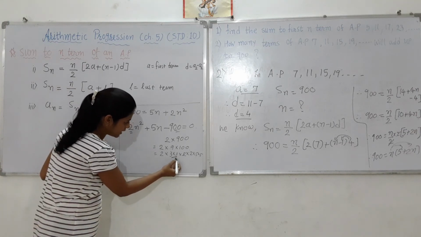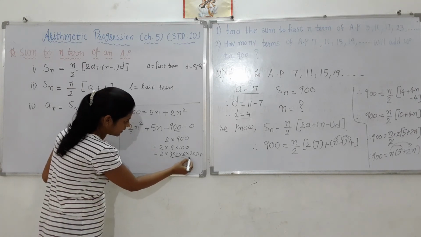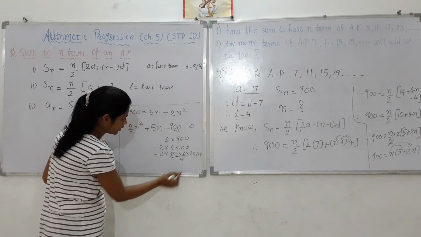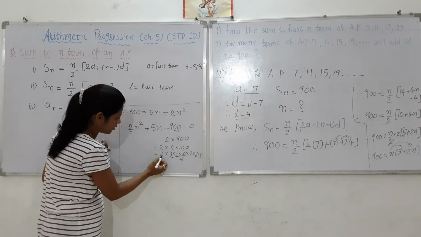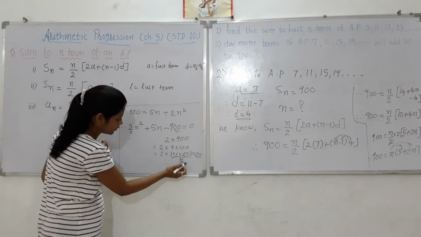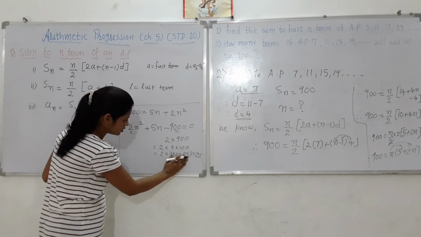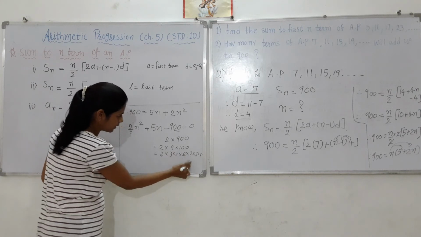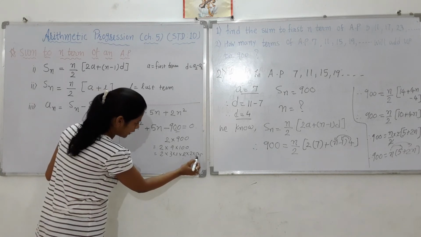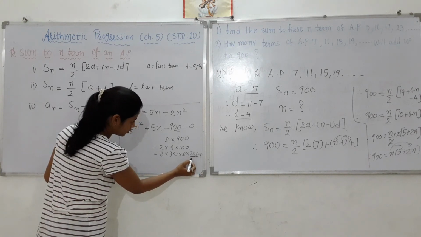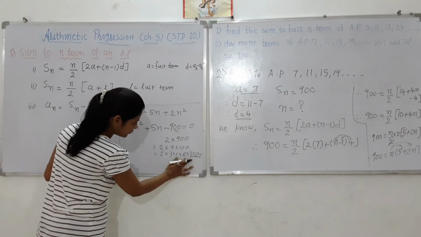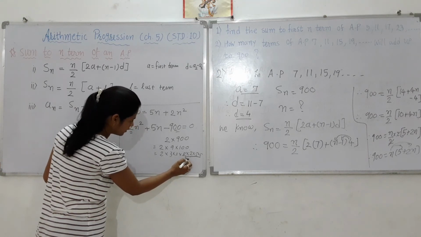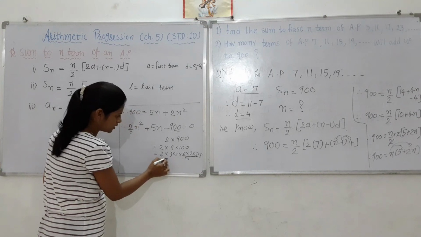So 3 3s are 9, 9 2s are 18, 18 2s are 36, 5 5s are 25, 25 2s are 50. So this is not it. Now check the other way. 5 5s are 25, 25 2s are 50, 50 2s are 100, 3 3s are 9, 9 2s are 18.